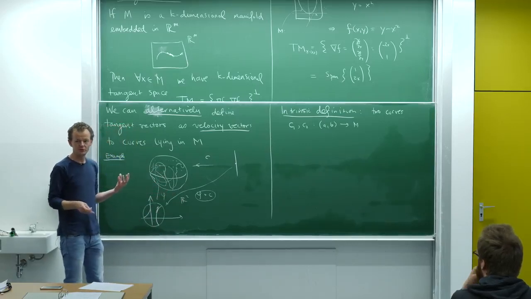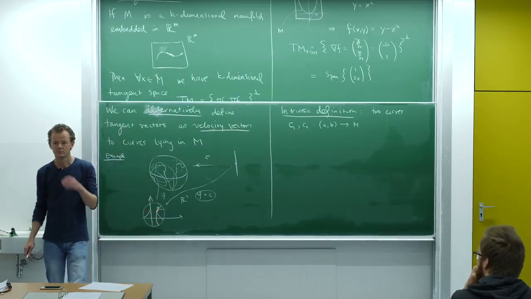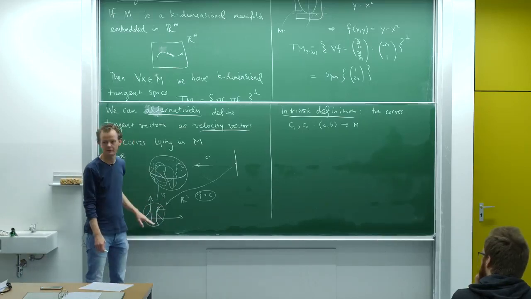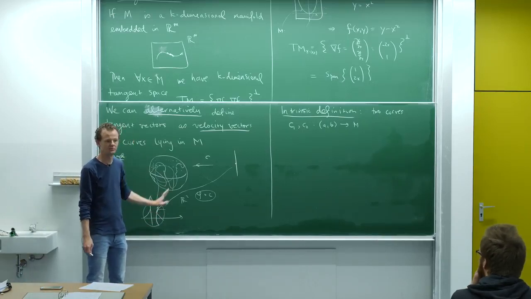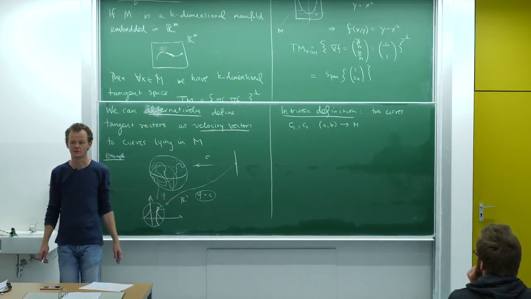Instead, we're going to observe that two curves that touch at the same point and have the same first derivatives define tangent vectors, or have tangent vectors, which are scalar multiples of each other. You're just either going faster or slower, but you're still going in the same direction.